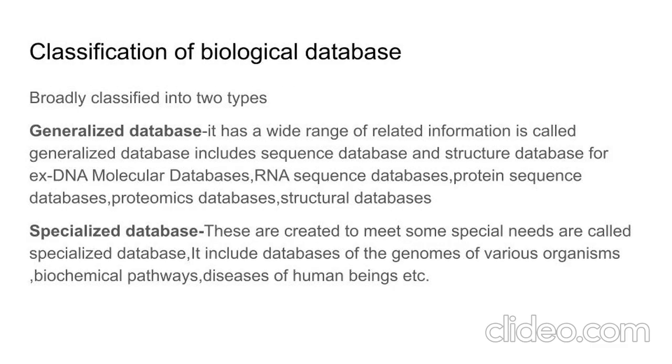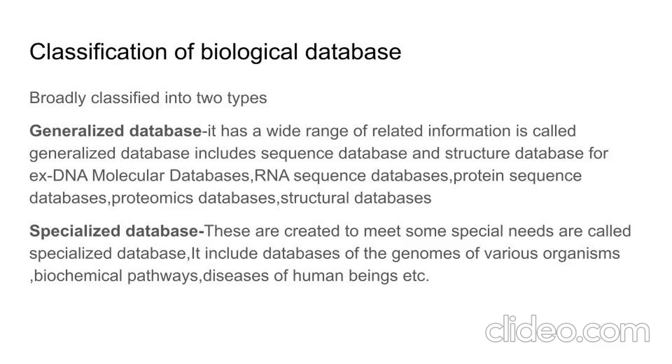Classification of biological databases: it is classified into two types. Number one, generalized database. It has a wide range of related information and is called a generalized database. It includes sequence databases and structural databases, for example, DNA sequence databases, RNA sequence databases, protein sequence databases, proteomics databases, structural databases.